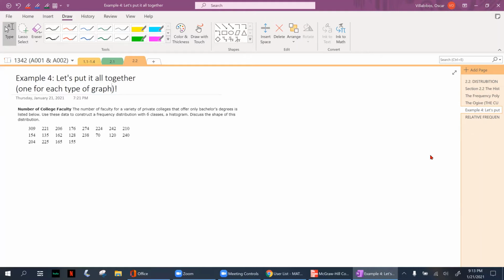So in the test, I wouldn't give you just a, hey, find the width, hey, find a column of class boundaries. That's too straightforward, too simple. What I would test you on is something like this: you are given raw data, and I need you to construct a distribution table with 6 classes. This will really be hinting at yesterday.